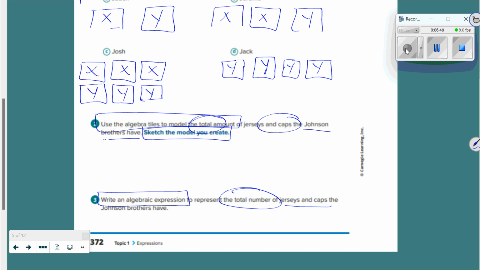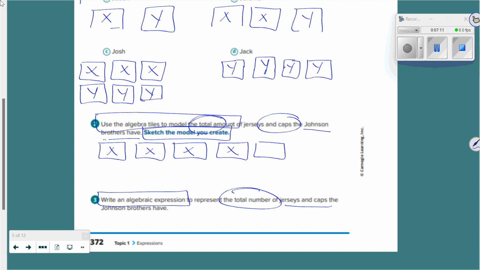So if I'm finding the total for all 4 brothers, what am I drawing first? I'm putting them all together. Which one am I doing first? X. How many do I need? 6 X's. Is there 6 X's at the top?